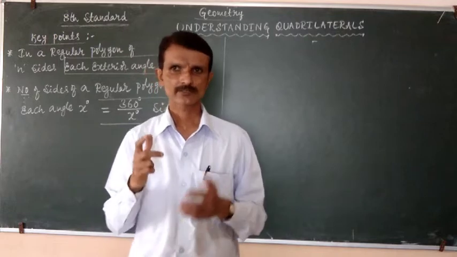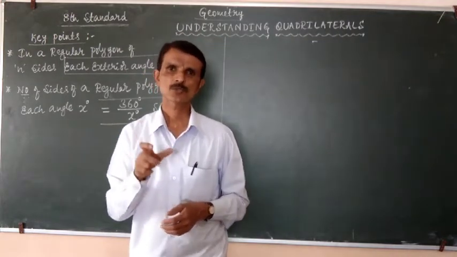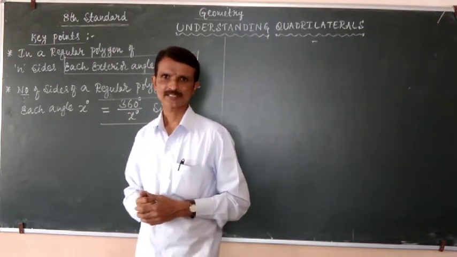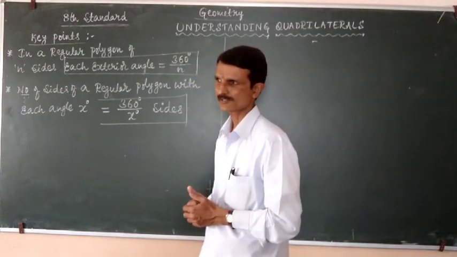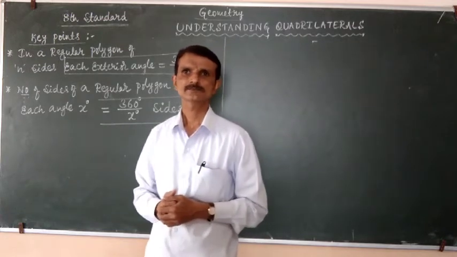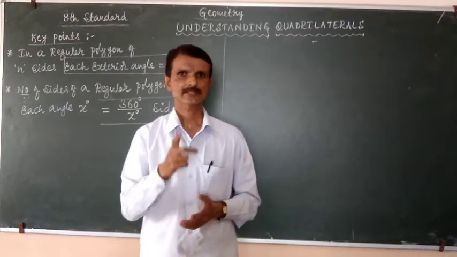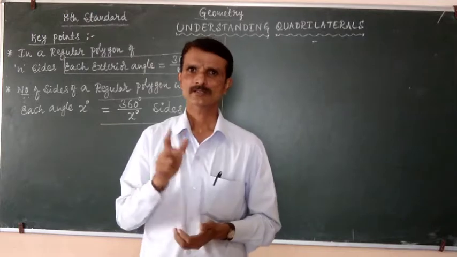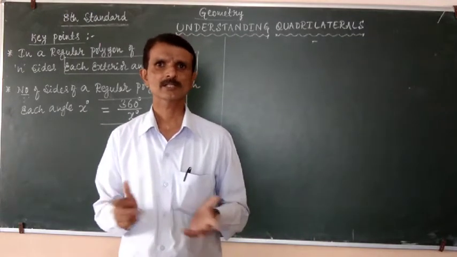So students, we have to observe here. This holds good only for regular polygons. In previous classes you already learned the definition of a regular polygon. A regular polygon means a polygon having all sides and all angles equal.